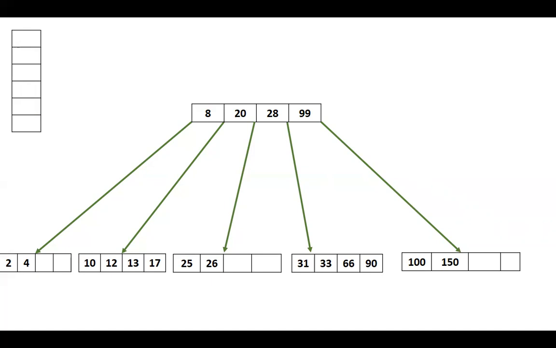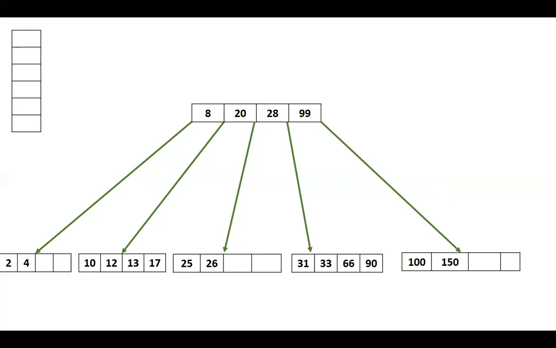Another option is, if it can borrow a key from its right sibling. Whenever you're borrowing a key from the right sibling, the right sibling should have more than the required keys. And whenever it is borrowing, it always borrows the minimum key. So the minimum key from the right sibling moves to the root and the root key moves down to the node where the key will be deleted.